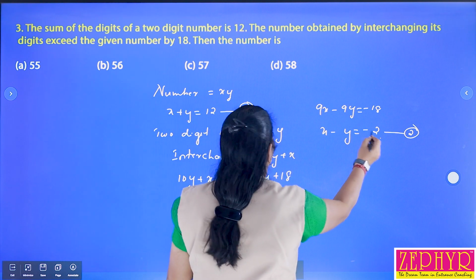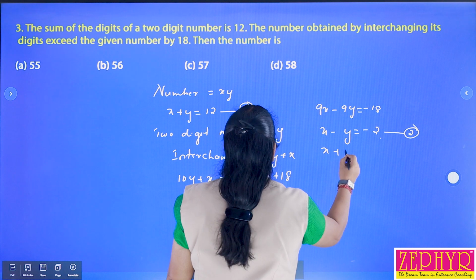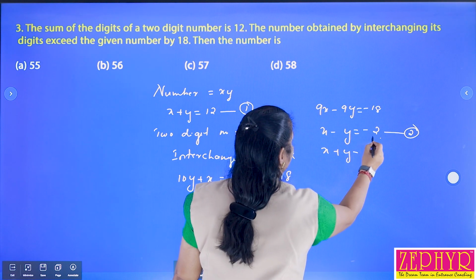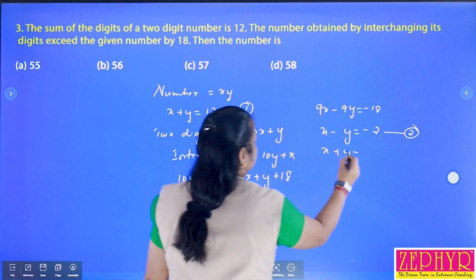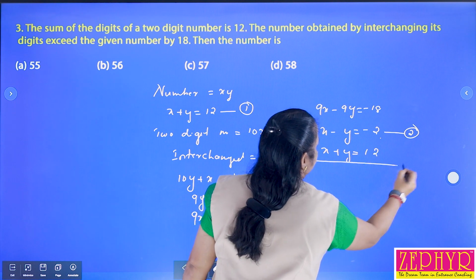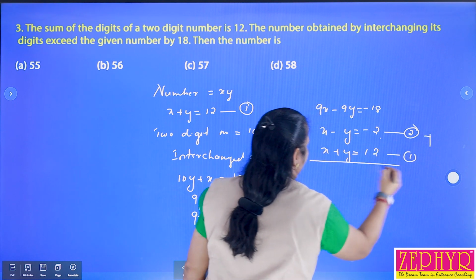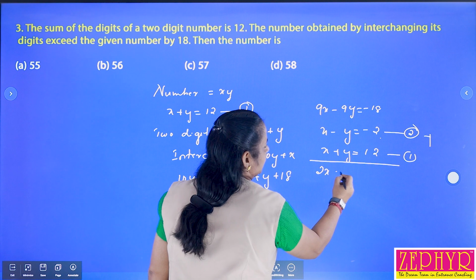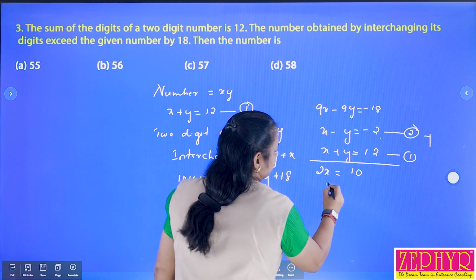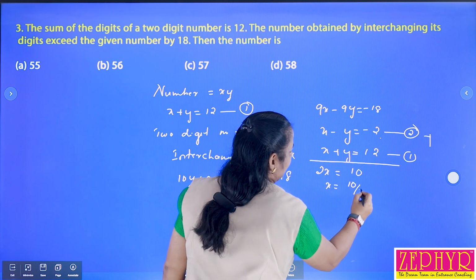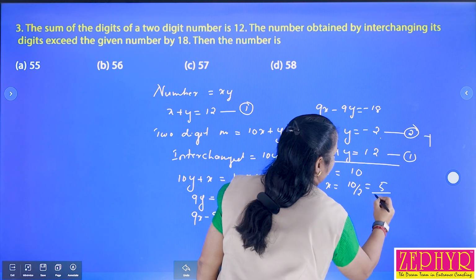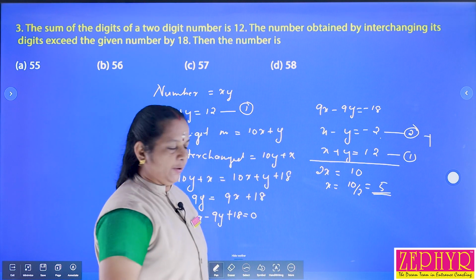Take x minus y is equal to minus 2, x plus y is equal to 12. By adding these two equations we get 2x is equal to 10, then x is equal to 10 by 2, that is equal to 5. So x is equal to 5.